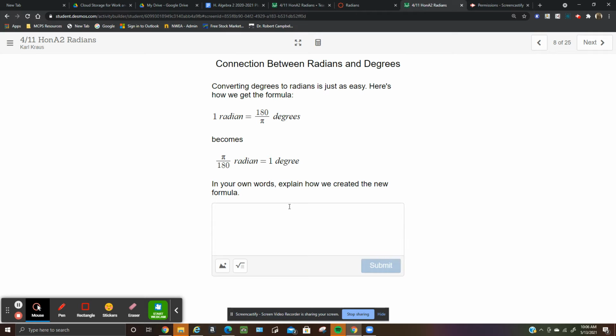We can multiply both sides of the original formula by the reciprocal, pi over 180.